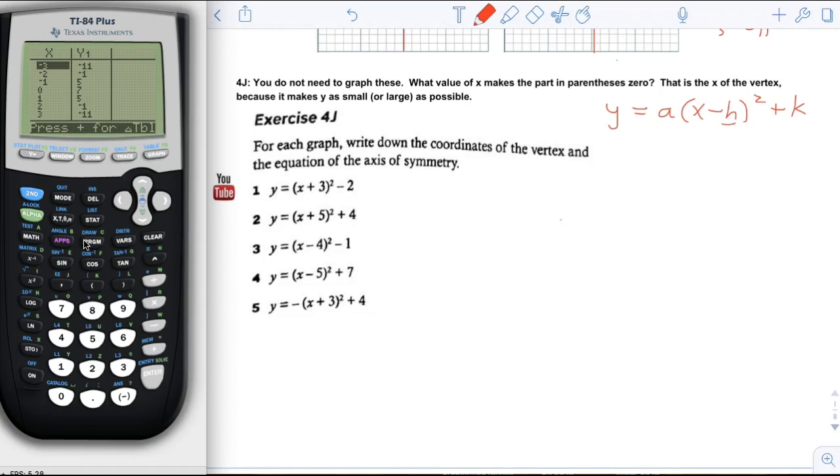If you remember, h and k are the positions of the vertex. The x-coordinate is the h, and the y-coordinate is the k. So if we look at this, we can identify the vertex and the axis of symmetry just from looking at it. If you remember, the axis of symmetry is the vertical imaginary line that goes through the middle of the quadratic or the parabola and divides it into two equal halves.